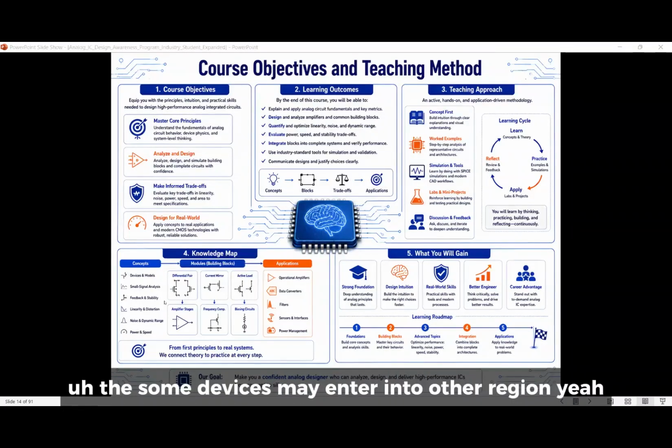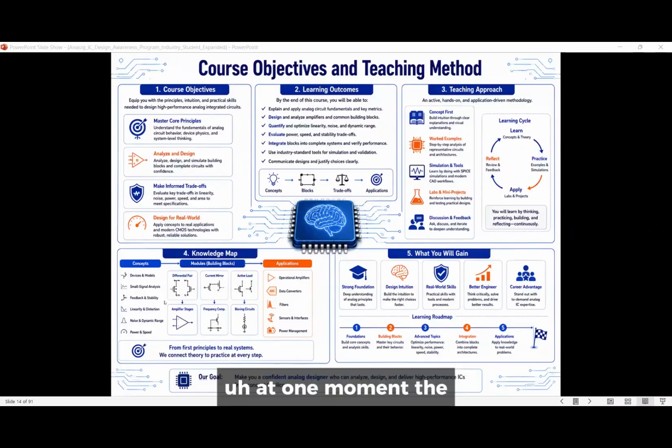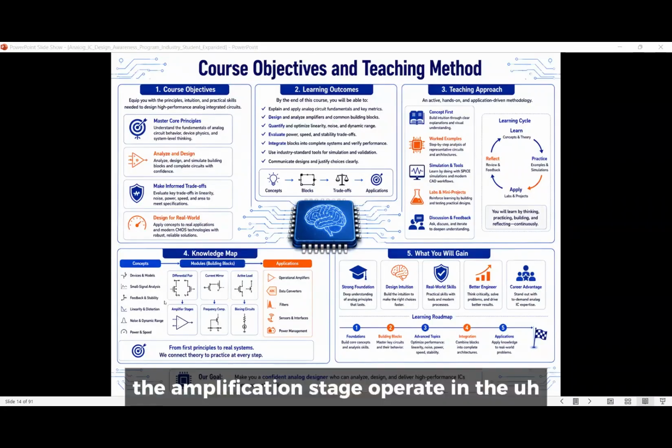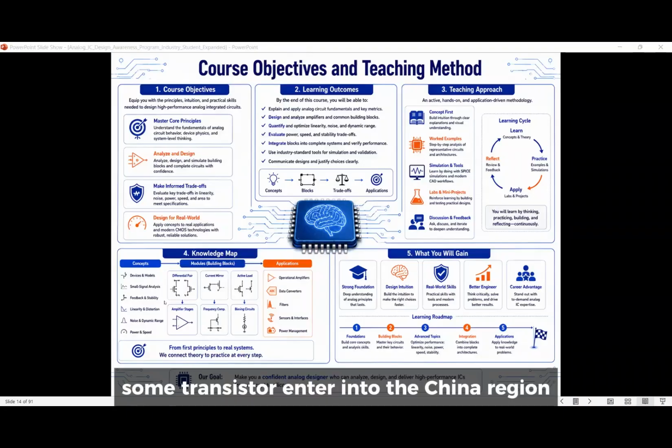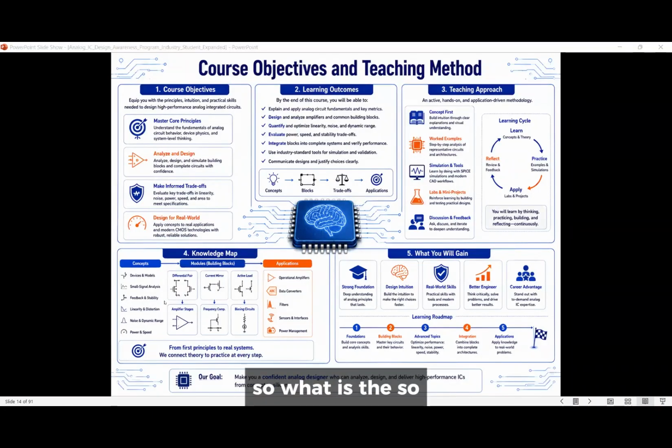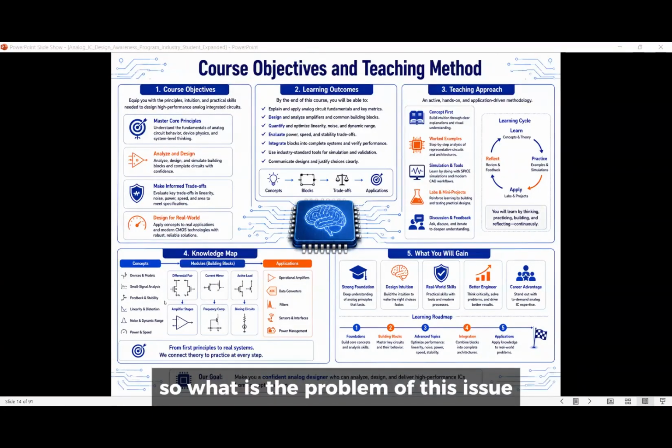If the input signal is too large, some devices may enter into other regions. For example, because the input is time varying, at one moment the amplification stage operates in the saturation region, but in another time frame, some transistor enters the triode region. What is the problem of this issue?